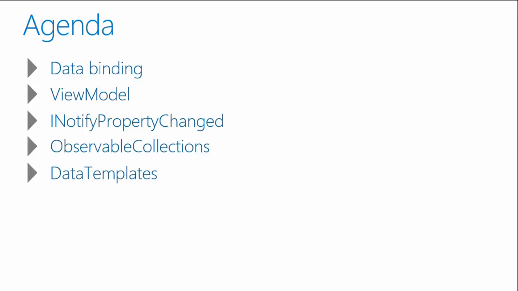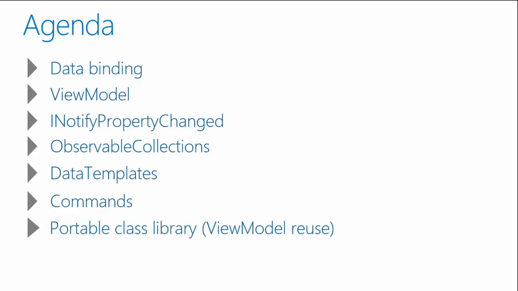I'll take you through data binding first and why it's a good thing, and how by using it we'll get this cross-platform between Windows 8 and Windows Phone 8. We'll look at view models and how we build them up for this pattern, INotifyPropertyChanged, observable collections, data templates to make things look good, commands, and PCL. Caliburn Micro I'm going to skip because I haven't had a chance to install that framework and I can't remember how to do the bootstrap for it, so we'll probably have to skip that last bit.